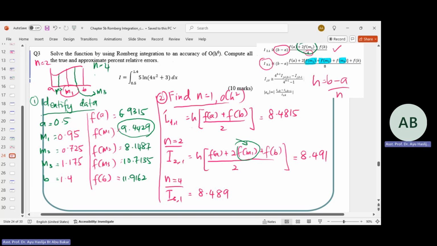That's why here I label as M1. If let's say you label your data, okay, let's say we have 4. If you label as M1, M2, M3 like this, it should be FM2 because this equation refers to the midpoint.